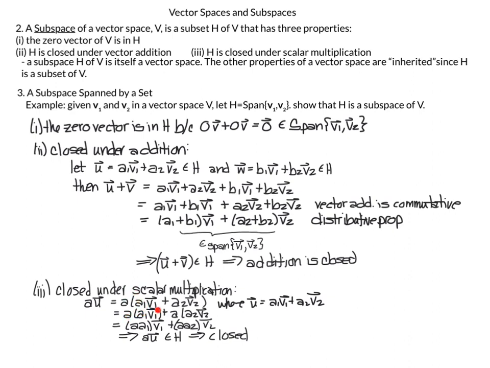Multiply a times a1 v1, a times a2 v2, then I can group a and a1 together, I can group a and a2 together, and then I have a linear combination now of v1 and v2. That means a scalar times some vector in H is still in H. So scalar multiplication is closed.